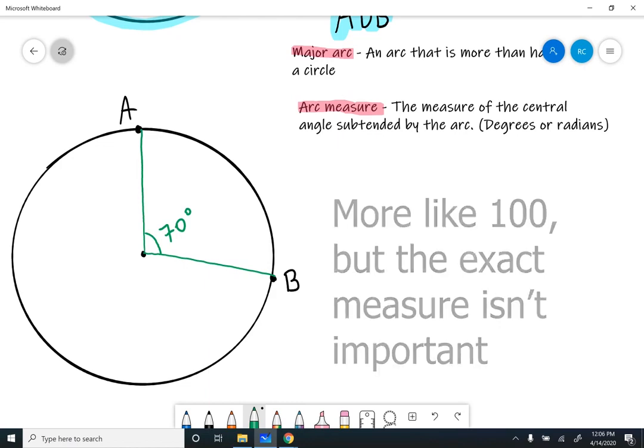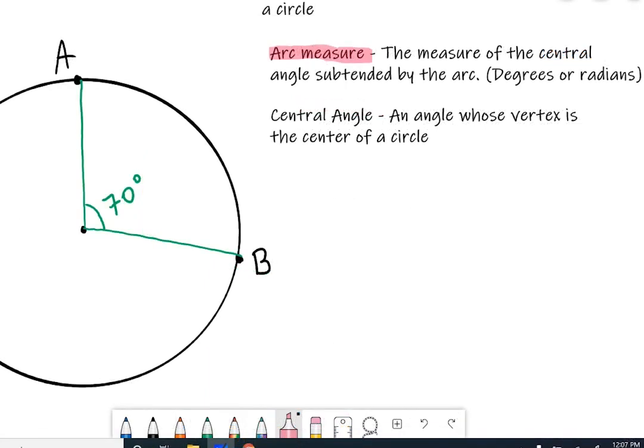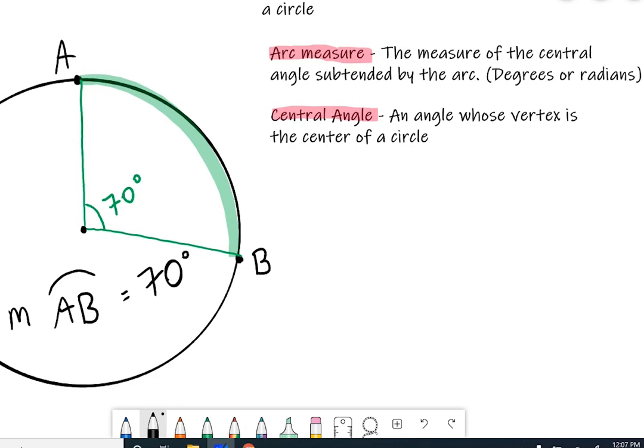That central angle of 70 degrees is going to be the same measure as this arc. So we could say that the measure of arc AB, and remember, because I'm just saying arc AB, it's automatically assumed to be the shorter of the two arcs, is equal to 70 degrees.